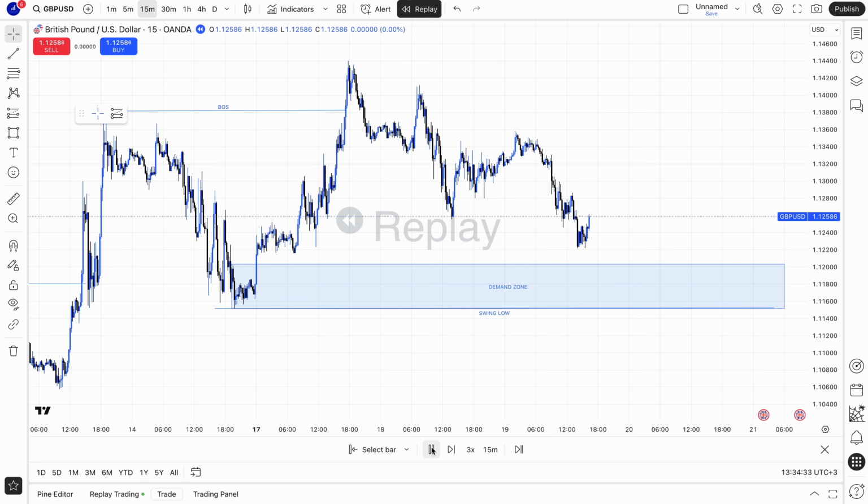Let's see this liquidity on GBPUSD here. Then we got another entry. What time is it? It's late in the night.